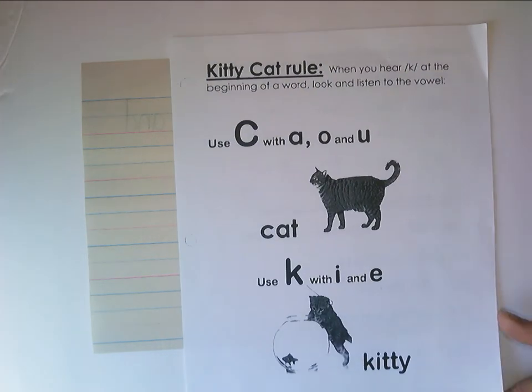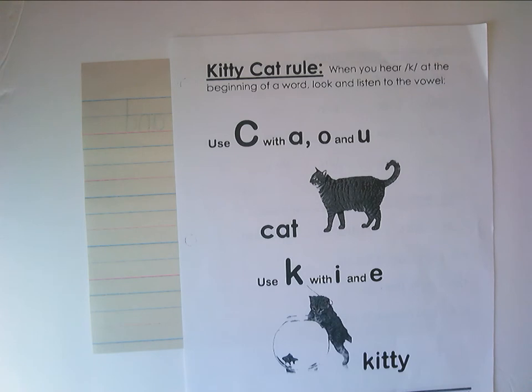Before we do the back side of that sheet, let's look at some words together. What about the word kid? Kid. Do you hear the k sound? Yes, k, kid. But what vowel sound do you hear right after the k sound?